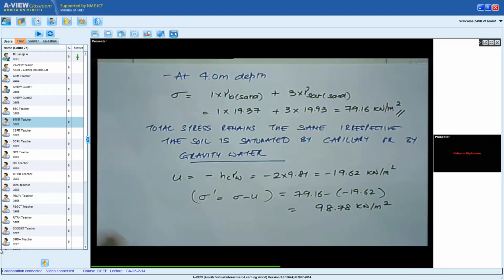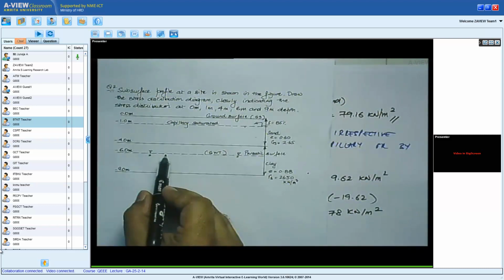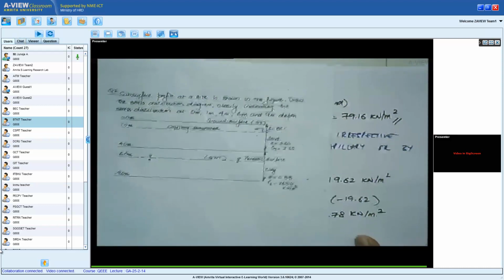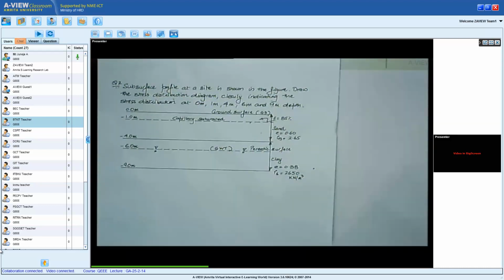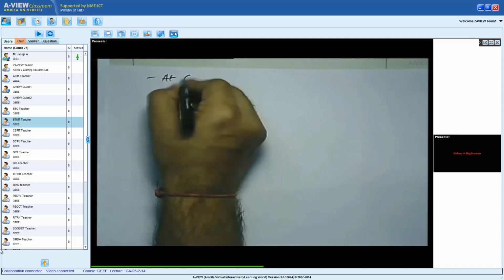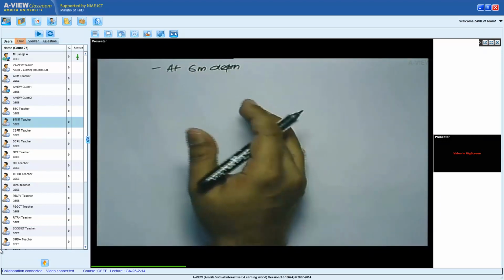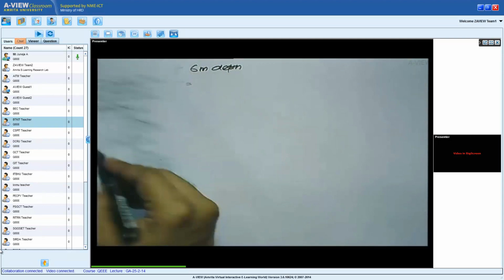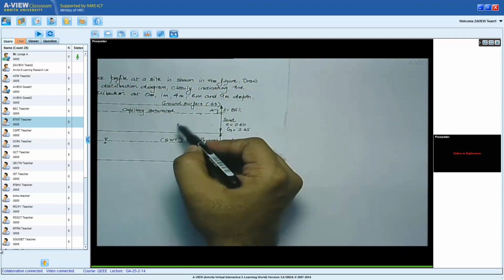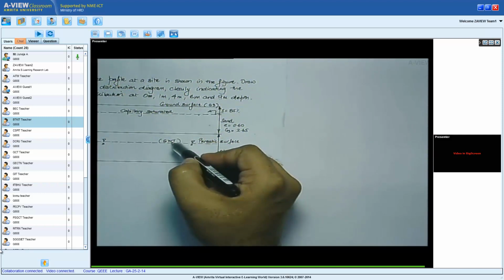The next level is to evaluate the stresses at 6 meter depth. So remember, 6 meters is at the groundwater table level. Okay. Total stress at 6 meters would be 1 meter of partially saturated sand plus 3 meters of saturated sand plus another 2 meters of saturated clay.